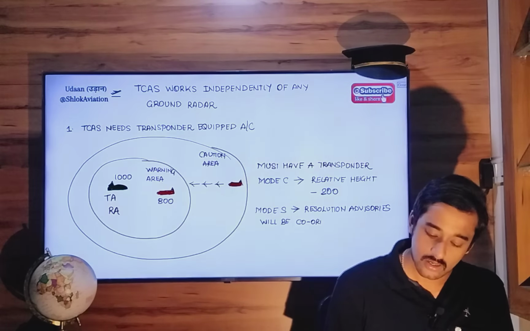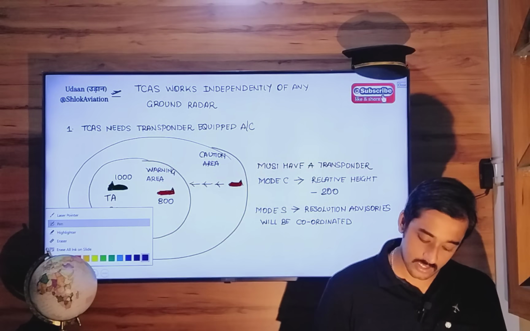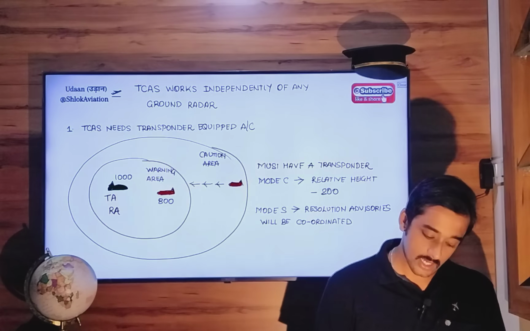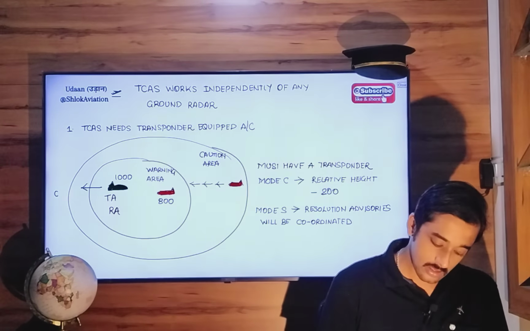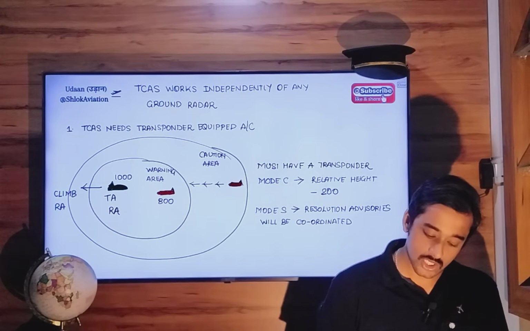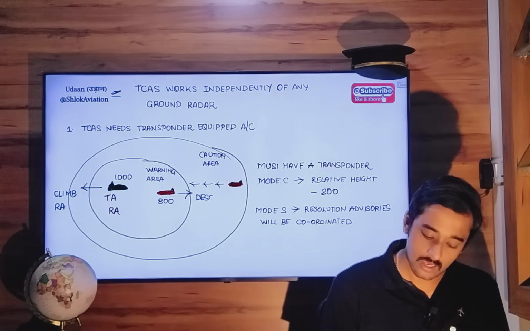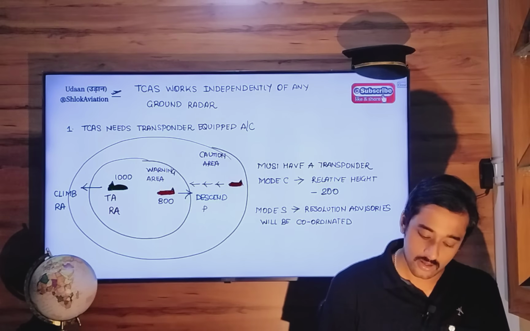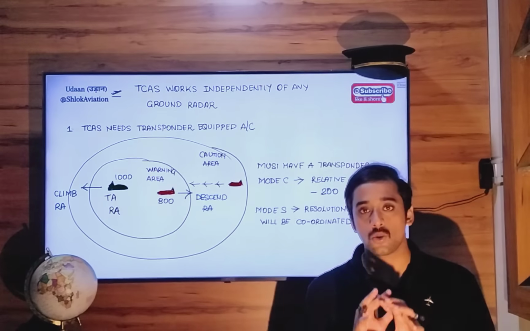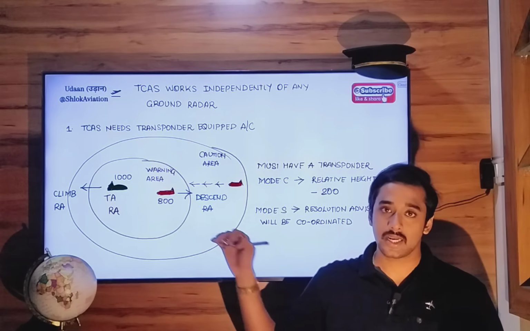That means if your aircraft receives a climb resolution advisory, this traffic aircraft will receive a descent resolution advisory. So both resolution advisories are coordinated. If one gets a climb command, the other will get a descent command.